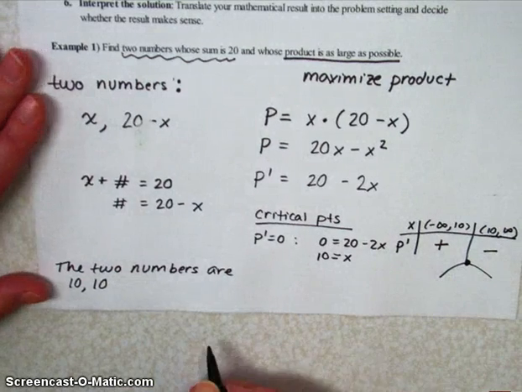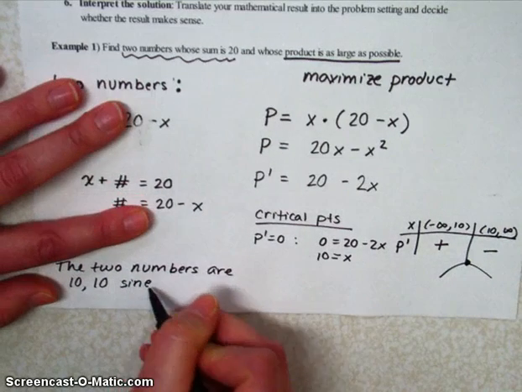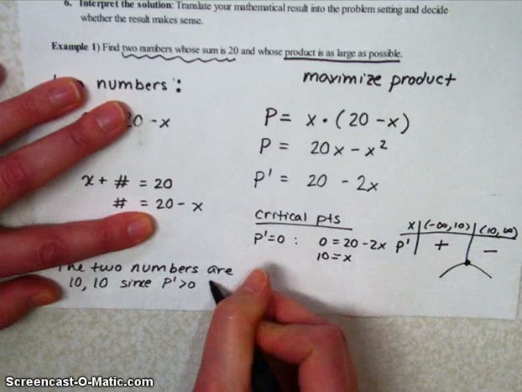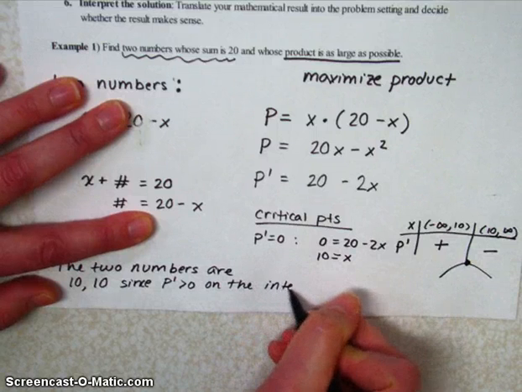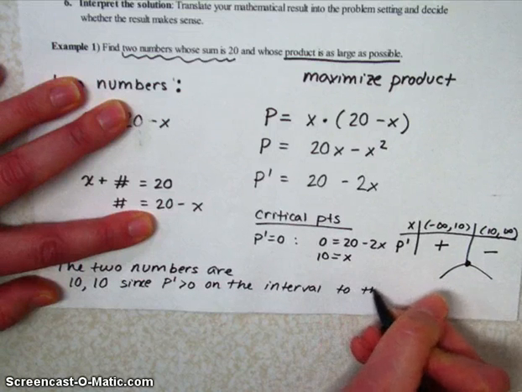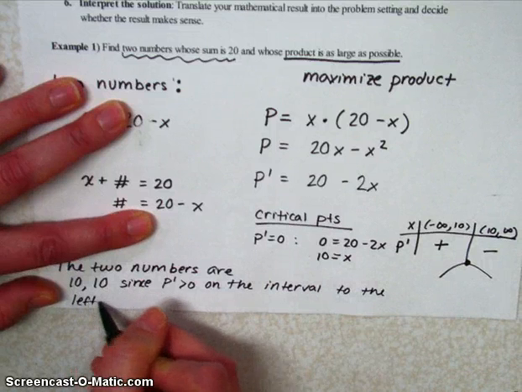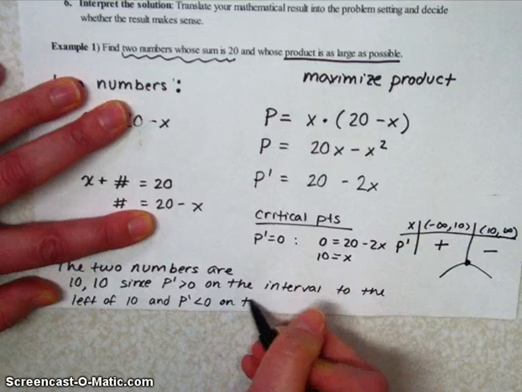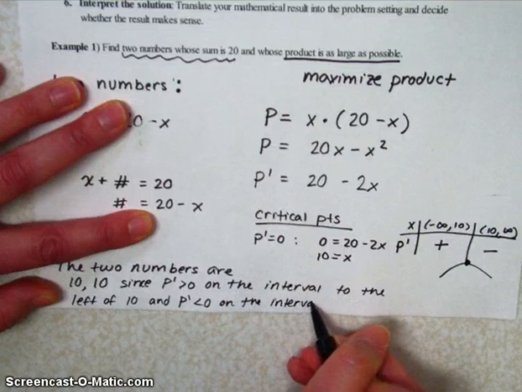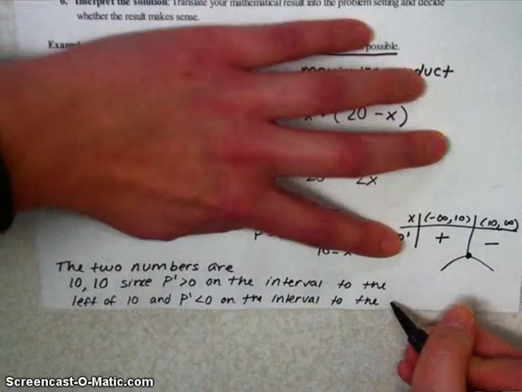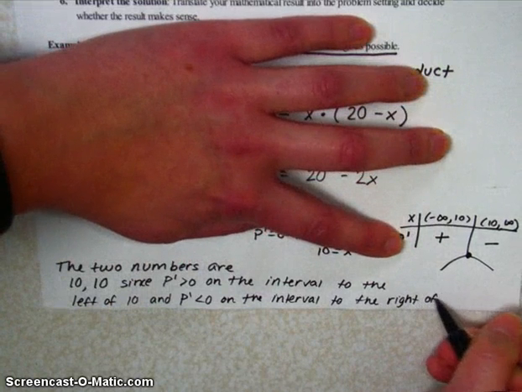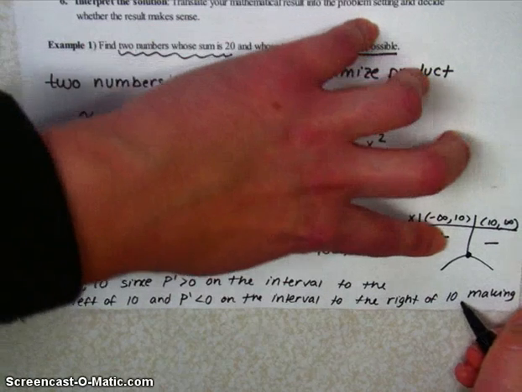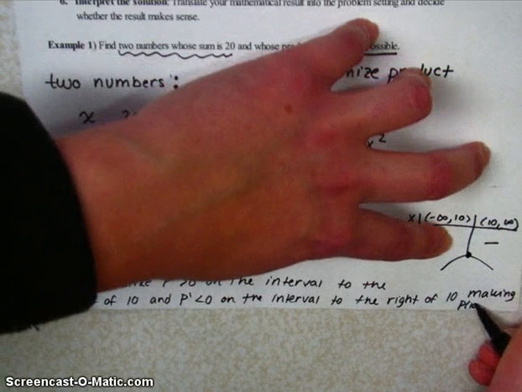And I need to justify why this is a maximum, since p prime is greater than 0, positive, on the interval to the left of 10, and p prime is less than 0 on the interval to the right of 10, making p of 10 a maximum.